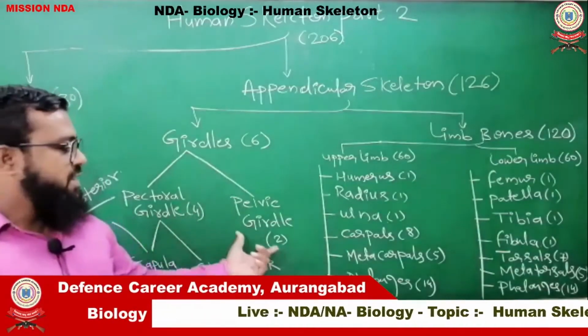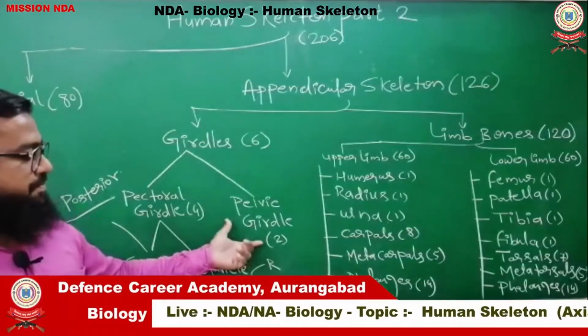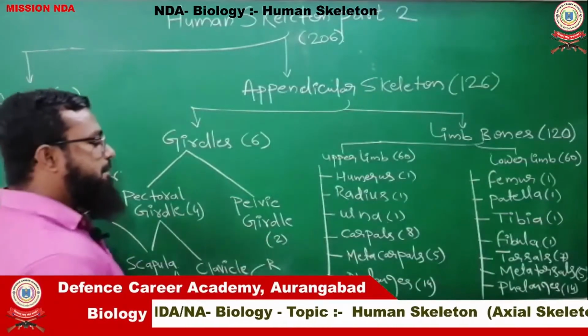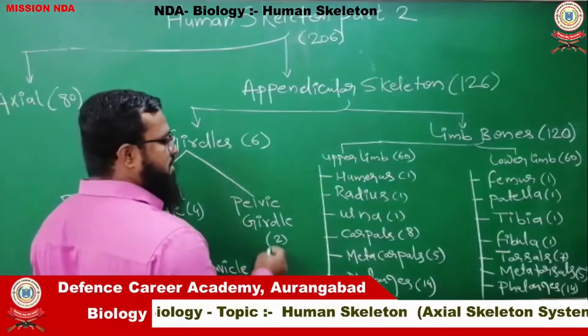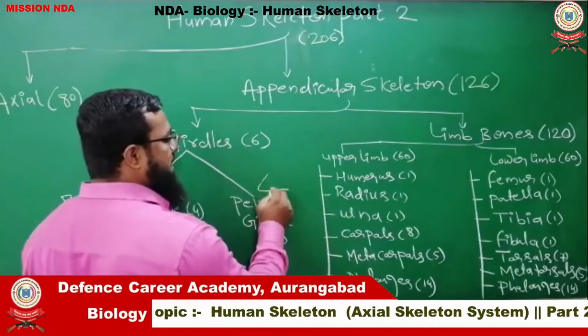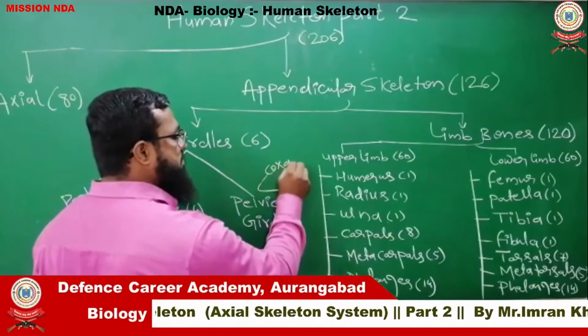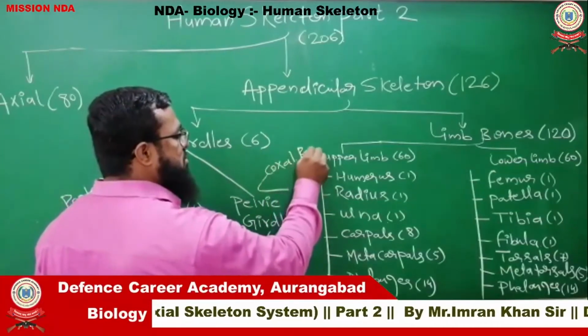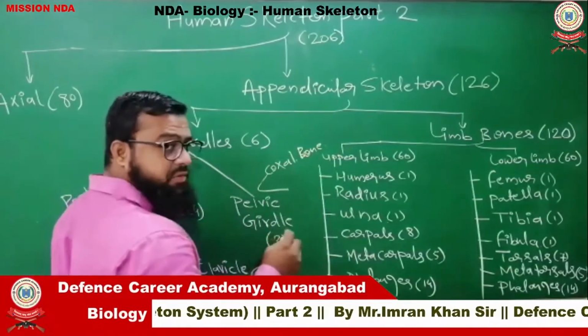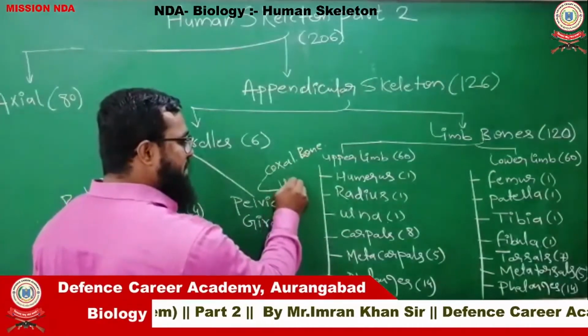Now the remaining two form the pelvic girdle. It is formed by the coxal bone, also called the hip bone.